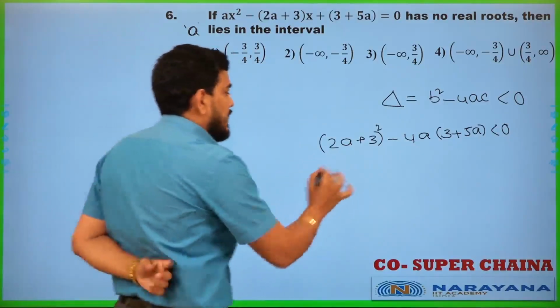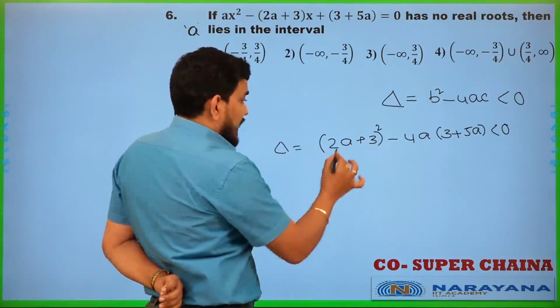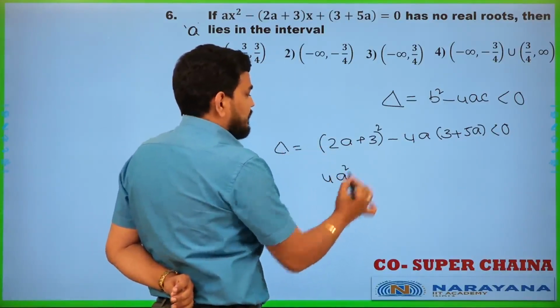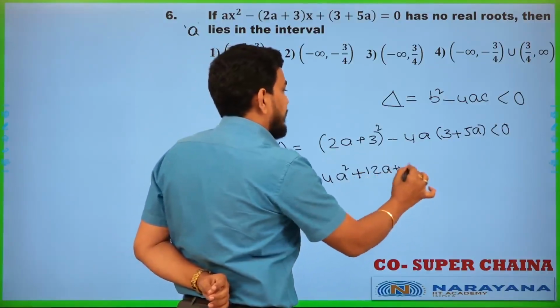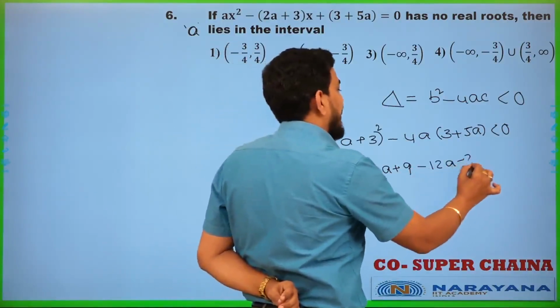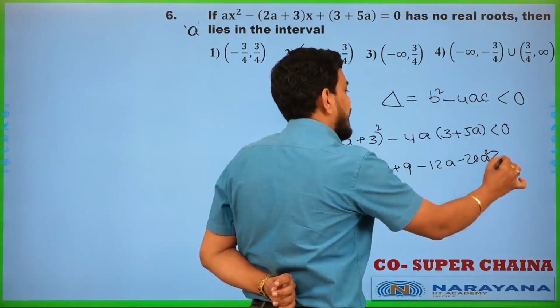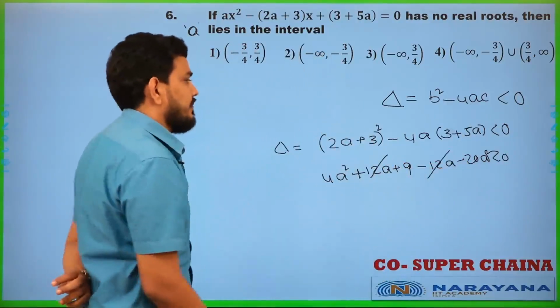So, just normal simplification, 4a square plus 12a plus 9 minus 12a minus 20a square is less than 0. 12a cancels.